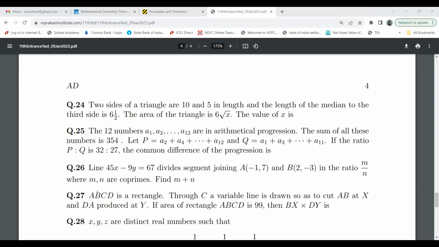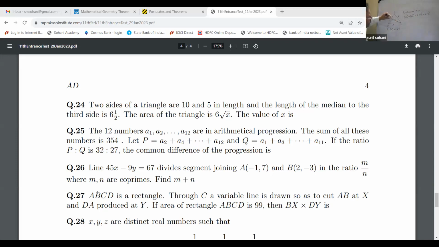Yes, sir. So as per Apollonius theorem, AC square plus BC square is equal to 2 times CD square plus 2 times AD square. So basically CD is the median.